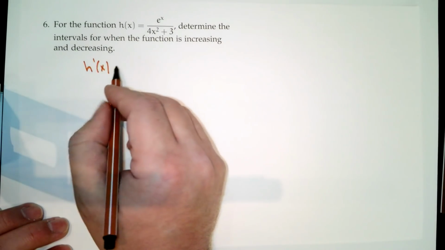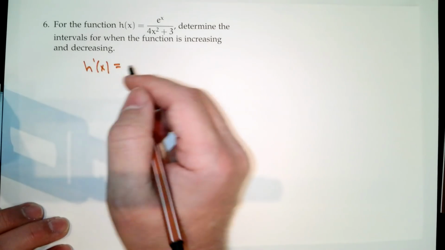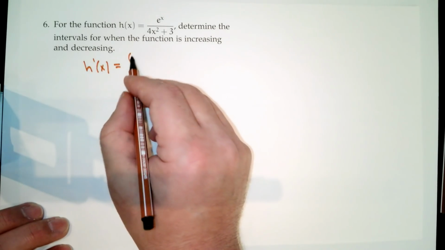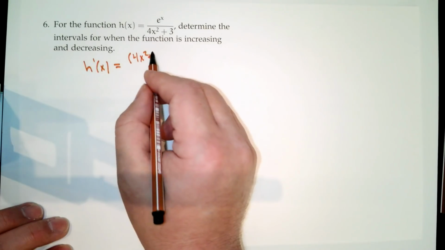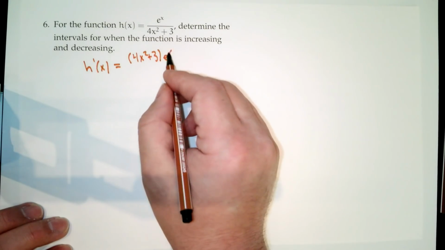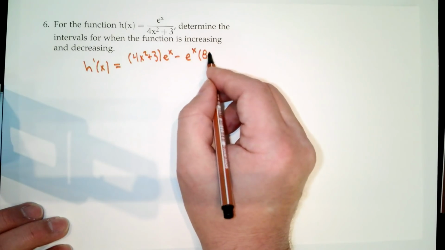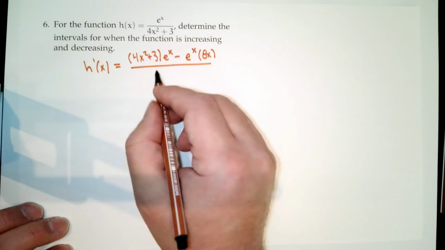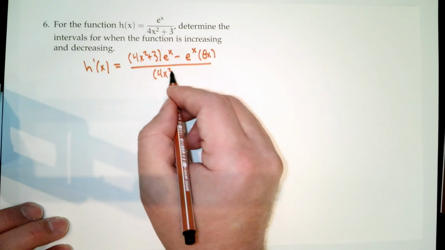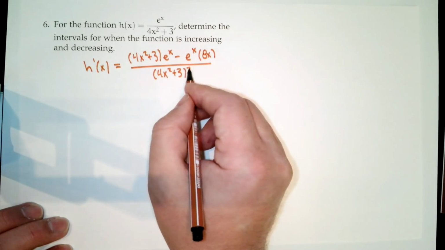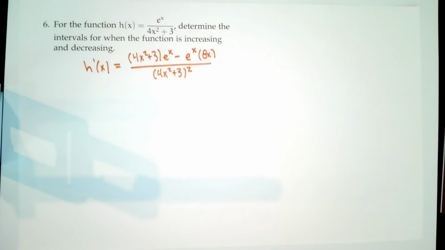H prime of x. What rule do I use? Quotient. So that says take the bottom, and then we're going to take that times the derivative of the top, minus the top, times the derivative of the bottom, and I'm going to divide that by the bottom term squared. Now the nice thing for us, 4x squared plus 3 is never 0, because everything is strictly positive.